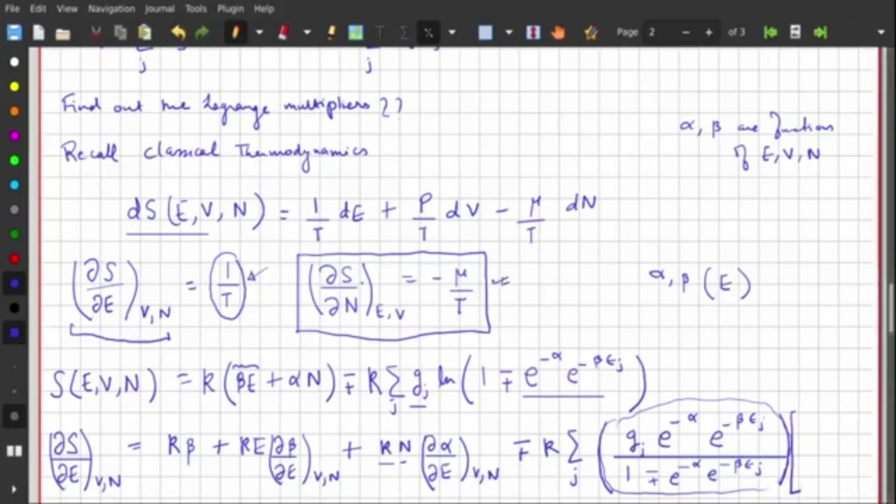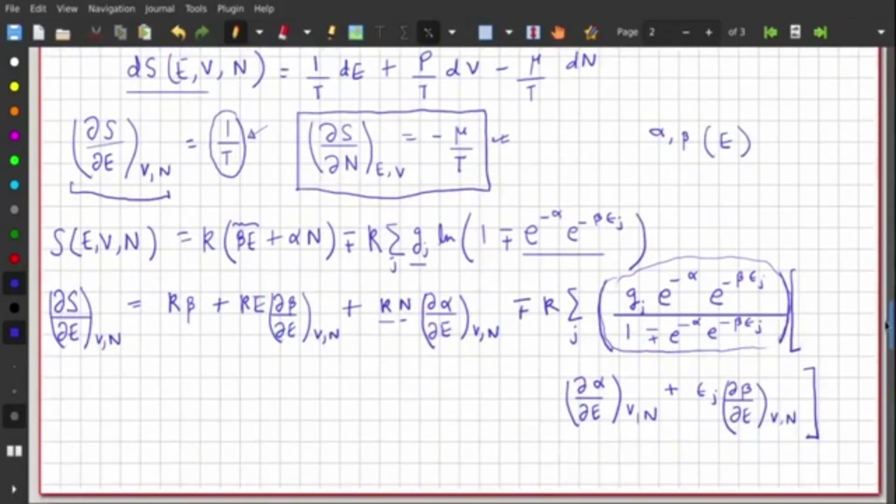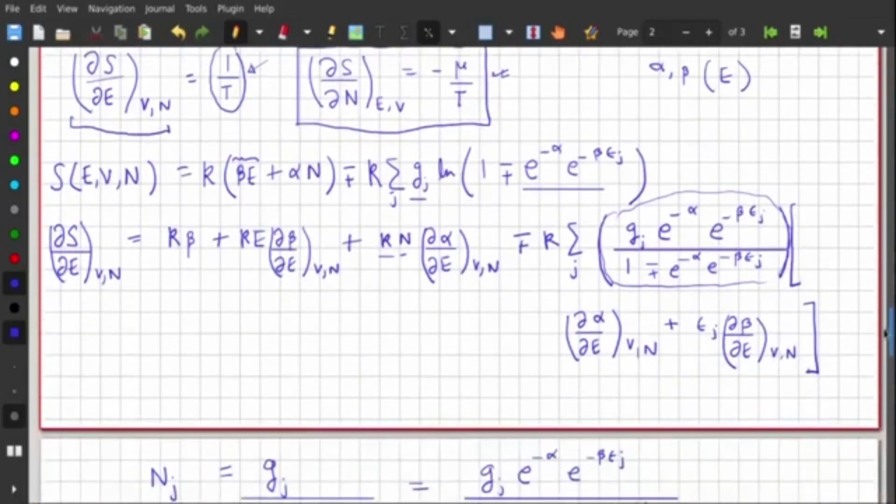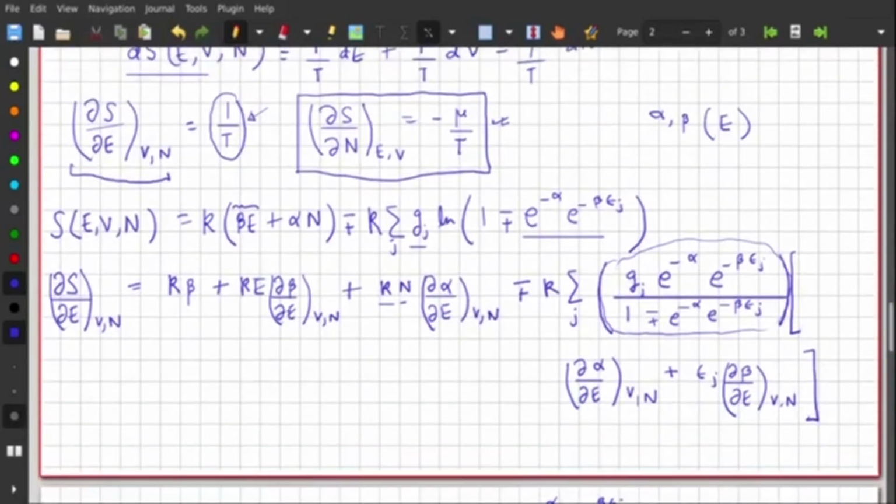We know the right hand side of this partial S partial N from classical thermo, and from statistical thermodynamics we will be able to compute the left hand side. So let's compute partial S partial N just like before, where all these things remain exactly the same, except we will be differentiating with respect to N now.